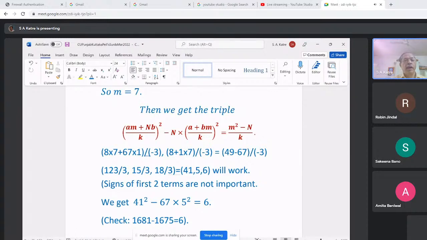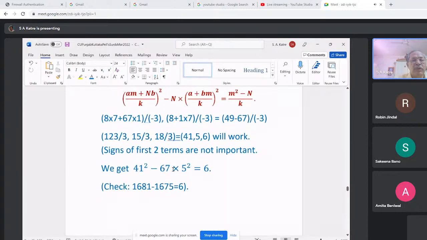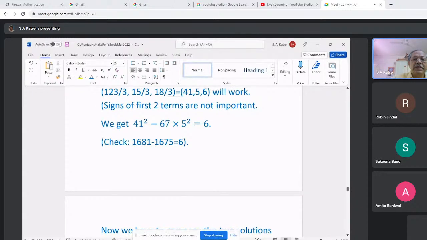So this is the triple. This means 41 square minus 67 into 5 square is equal to 6. And check that 41 square is 1681, 67 into 5 square is 1675. So the answer is 6.